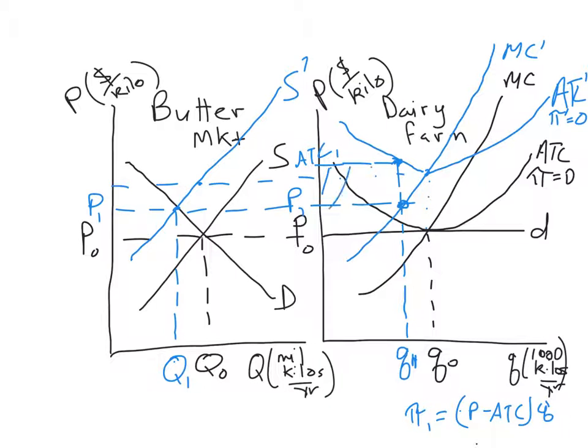And to get to total profits, or in this case, total losses, our average profit is this loss on each unit of output, and we produce Q1 worth of output. So when we multiply this average loss times the quantity produced, we get the area of this rectangle, and this is the size of the economic loss in the short run.